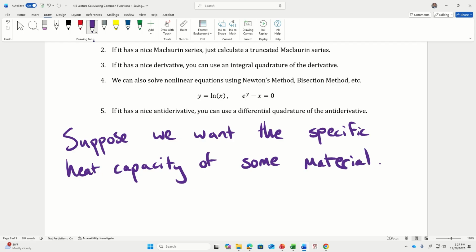And if I perform this experiment at constant pressure, the symbol we use for the specific heat capacity of a material at constant pressure is a C with a little subscript P. Well, this is the derivative with respect to enthalpy of the temperature of the material.